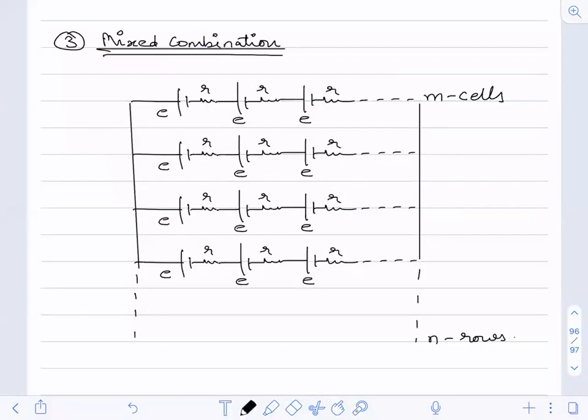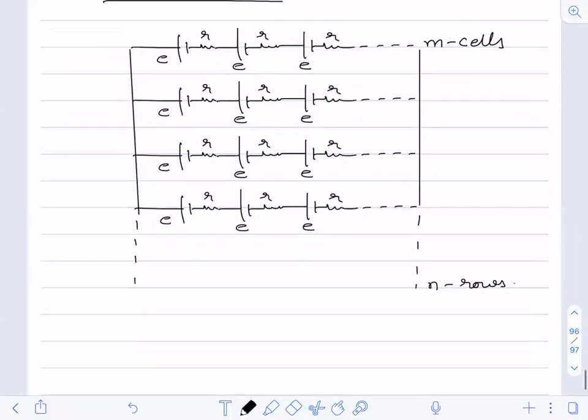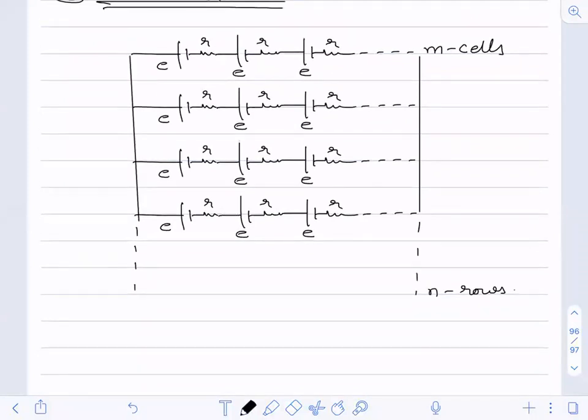Now in this complete thing, this is my first row.